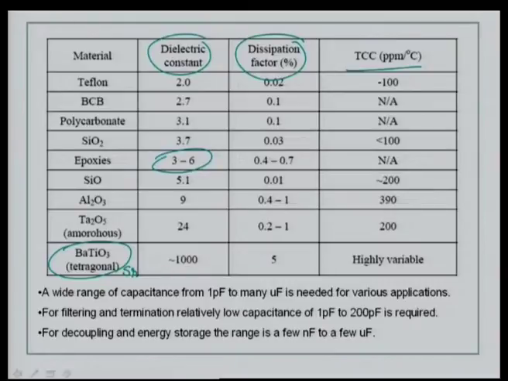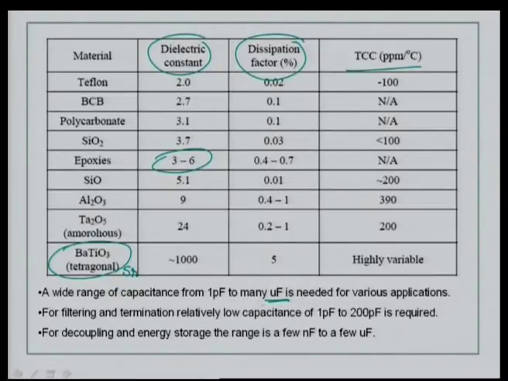So, the wide range of capacitances from 1 picofarad to many microfarads is needed for various applications. So, you have to dig into various substrate materials and the binding material, as well as the oxides that you require, to the filler material that you require to vary the property to suit your applications.